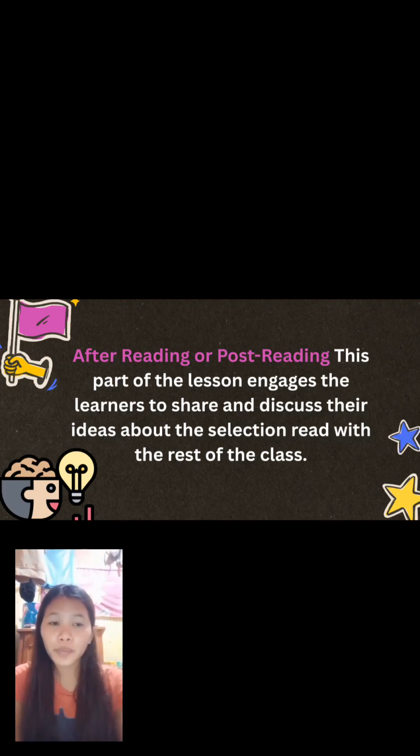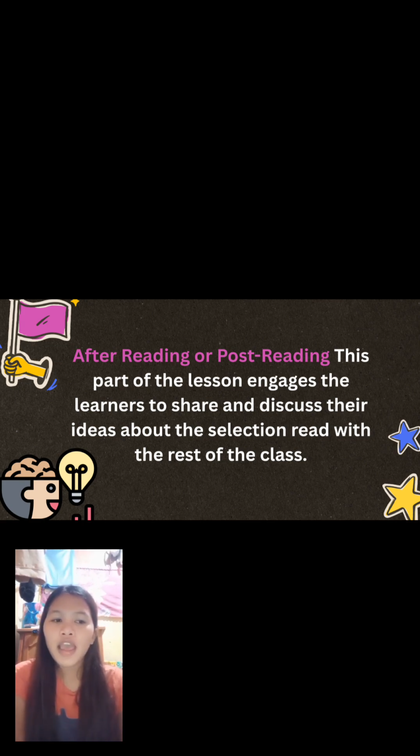After reading or post-reading, this part of the lesson engages the learners to share and discuss their ideas about the selection read with the rest of the class. This is the student-centered phase for reflection and discussion.